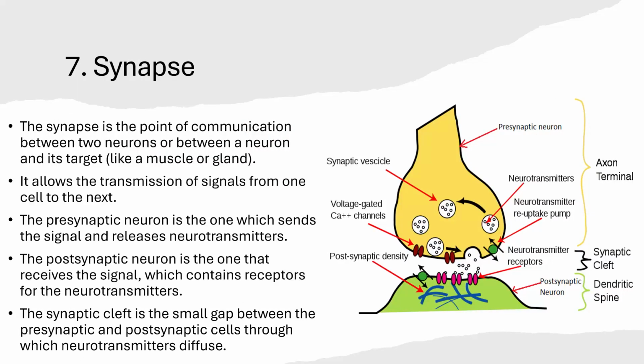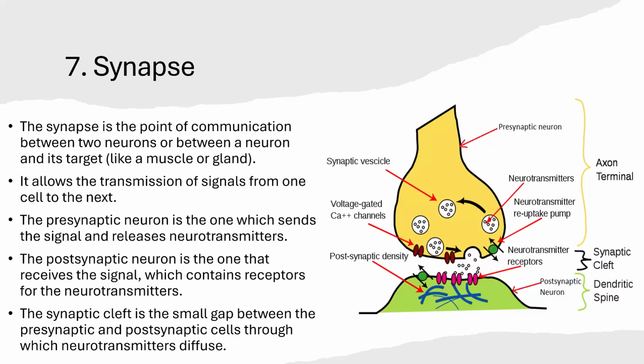Then we have the synapse. The synapse is a point of communication between two neurons or between a neuron and a muscle or gland. It allows the transmission of signals from one cell to the next one. The presynaptic neuron is the one which sends the signal and releases the neurotransmitters.